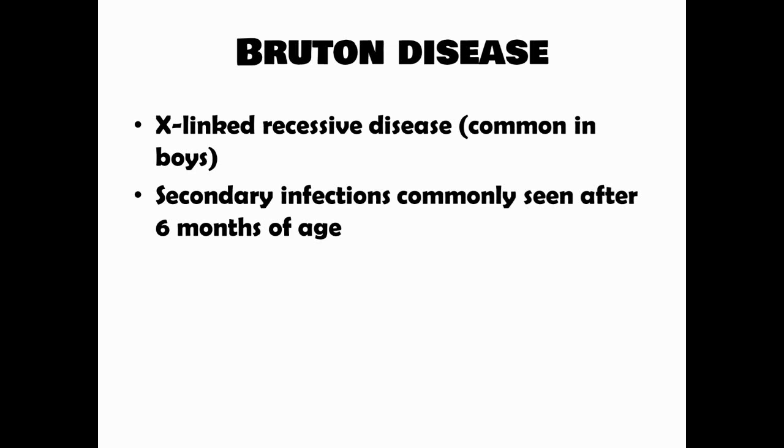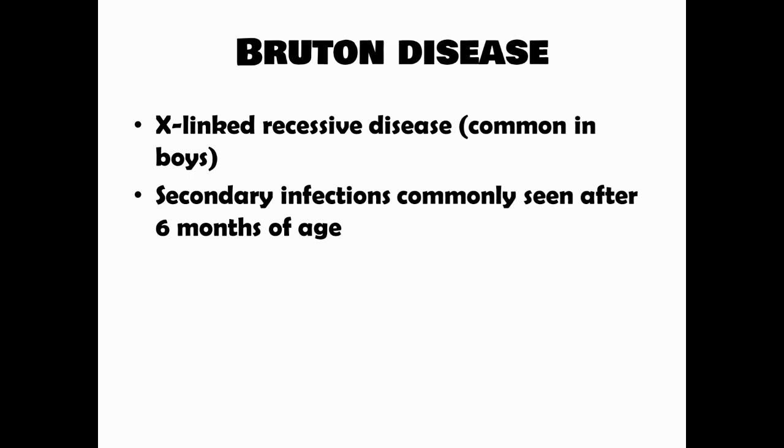In this condition, what happens is, since this child will be breastfed by his mother for up to at least 6 months of age, he'll be getting his maternal antibodies via the breast milk, and so there are fewer chances for infection in the first 6 months of life.